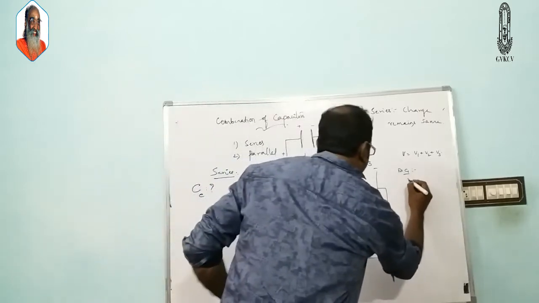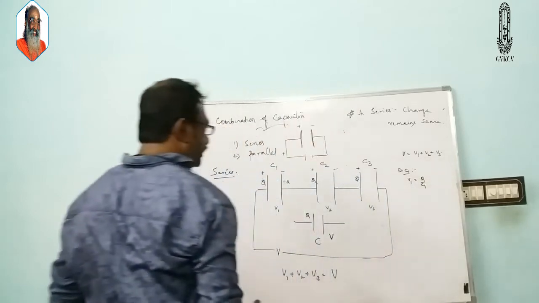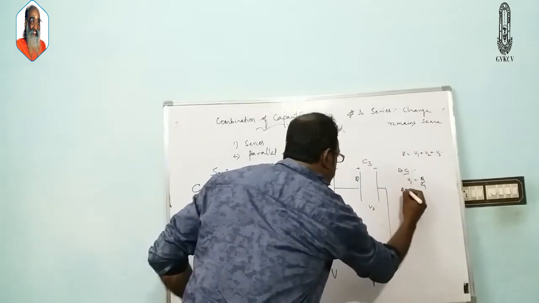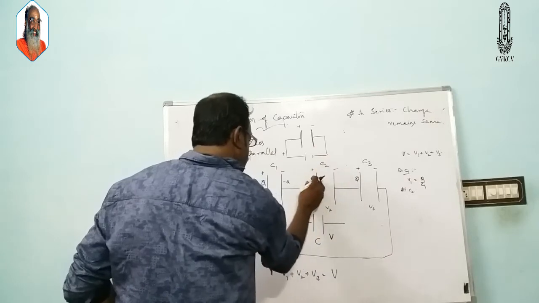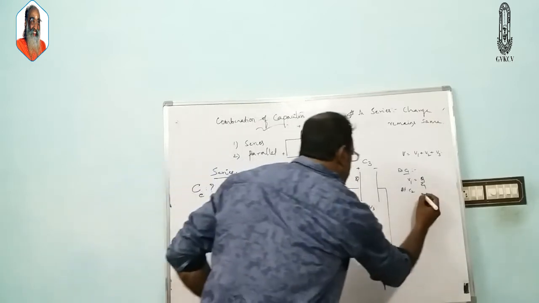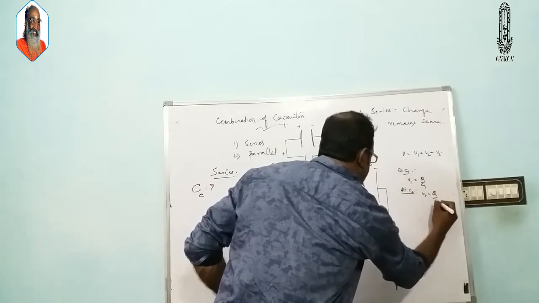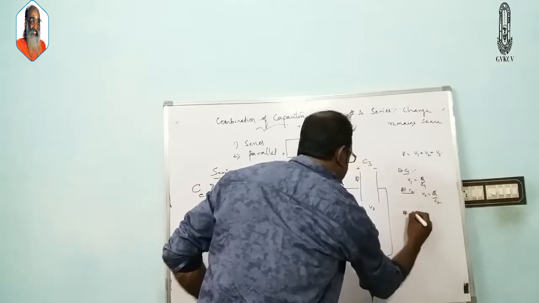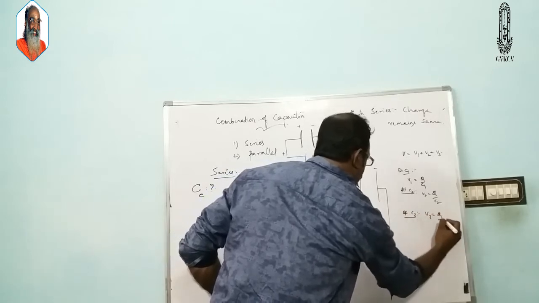So V1 is equal to Q by C1. Similarly at C2, the capacitance is C2, charge is Q, and potential is V2. So V2 is equal to Q by C2, and the same thing at C3, V3 is equal to Q by C3.